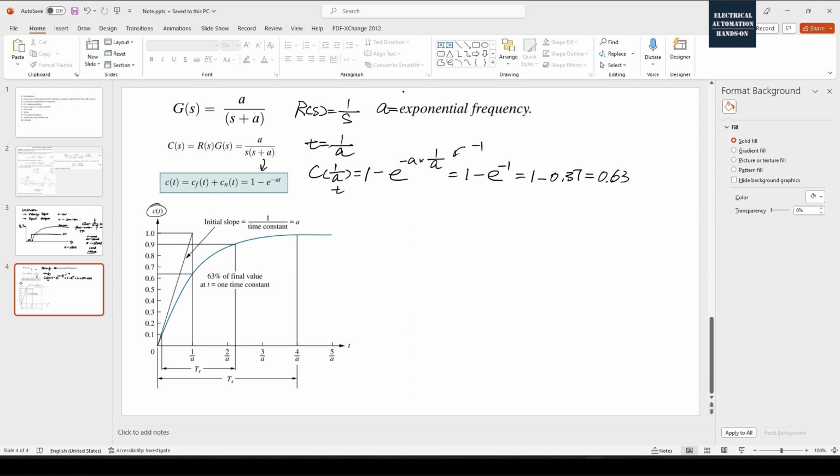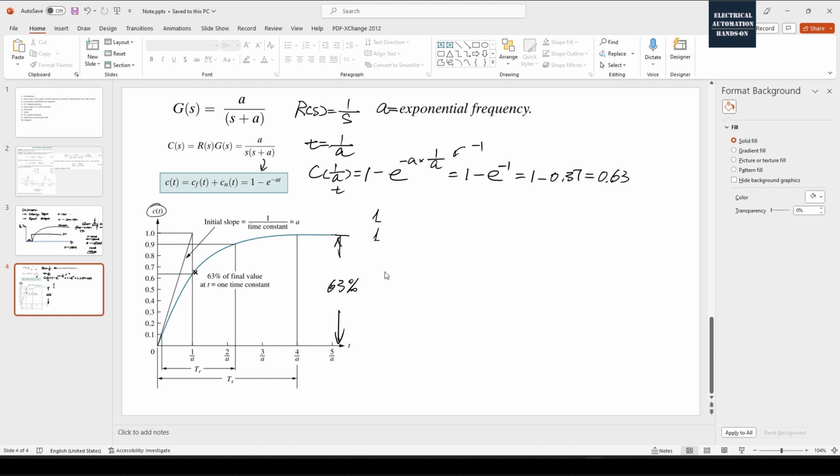If we go back to this curve, we can see that if we give a step signal of 1 here, the final result is also 1. If we can find the 0.63 result, that means we find the 63% of the value difference, starting from the initial value to the settling status here.